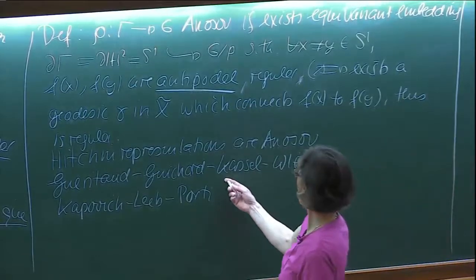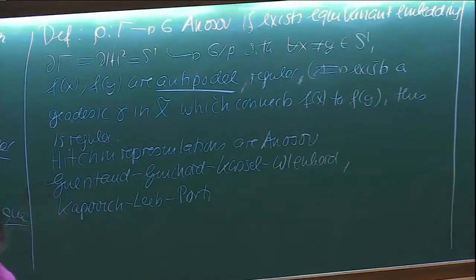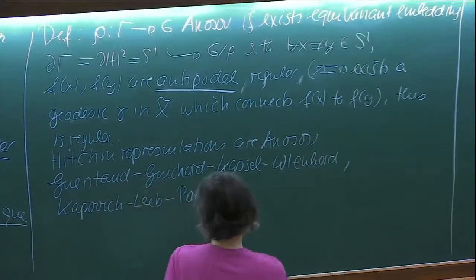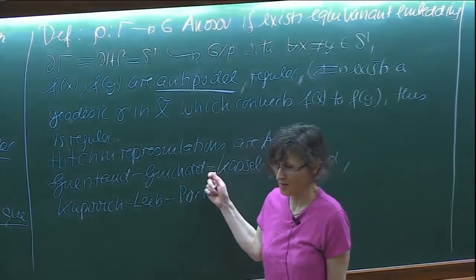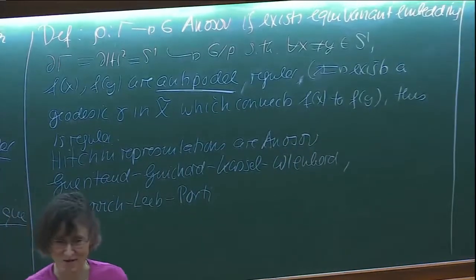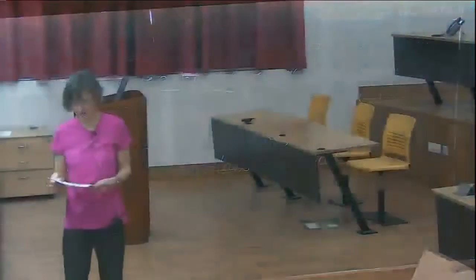Now the work of Guéritaud, Guichard, Kassel and Wienhard, and Kapovich, Leeb and Porti puts it on a completely new footing. It's now a much more general, much better understood and more geometric theory. These guys produced something like 300 pages, and these guys produced, I don't know how many pages, but definitely more than 100. So there are lots of pages that you can read if you want to study Anosov representations. That's now kind of an industry to get a better grasp on these representations.